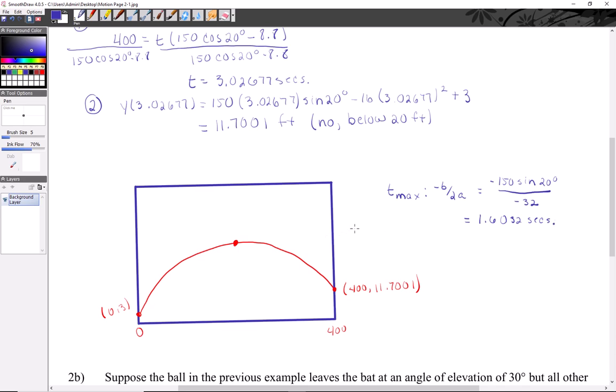All right. Now we're not wanting parametric ordered pairs. This is X. This is Y. So we're just going to go ahead and do X at 1.6032. And that will go back in your horizontal aspect. I'm not going to write it all out.